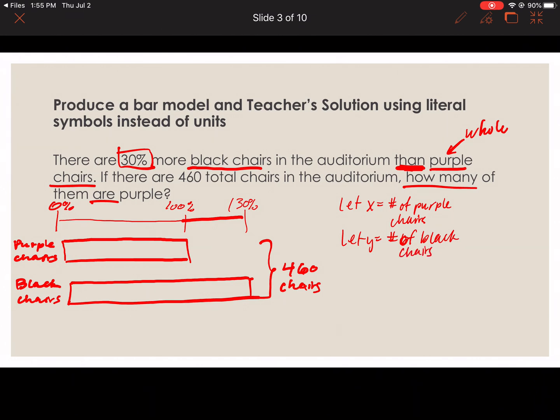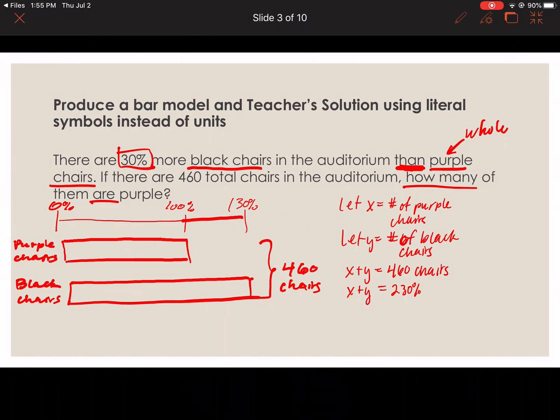We know that they add up to 460. So we're looking for ways to relate our quantities with the variables here. We know that they're going to add up to a certain number of percent too. So if purple chairs are 100%, black chairs are 130%. So we have 230%, both of them together. Now, we need to relate our chairs to percent so that we know how many chairs there are.